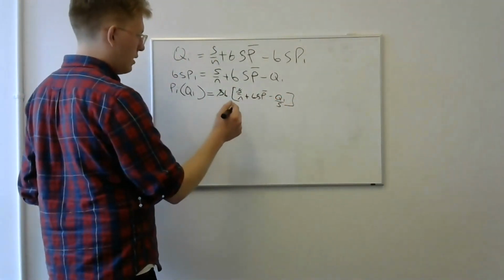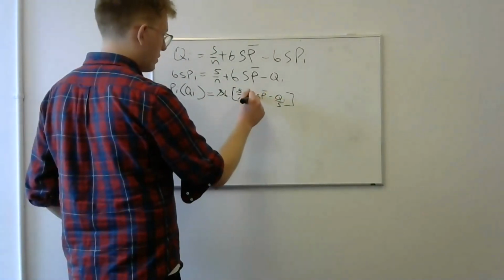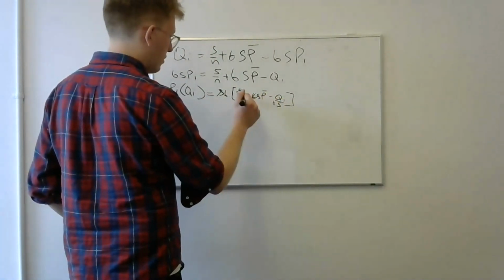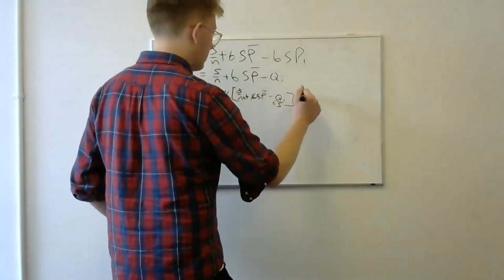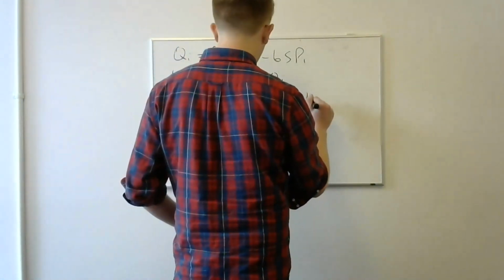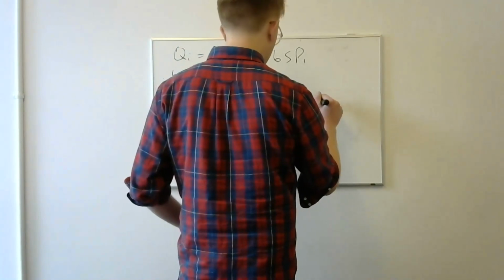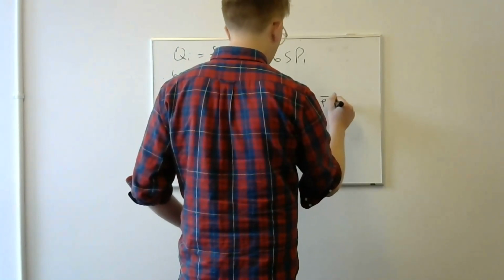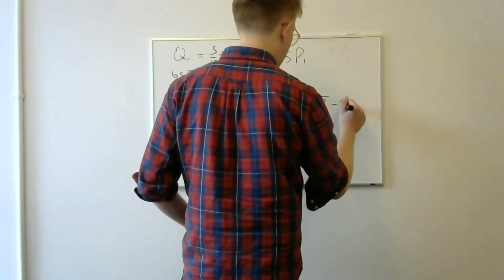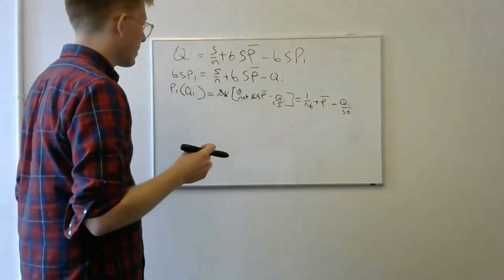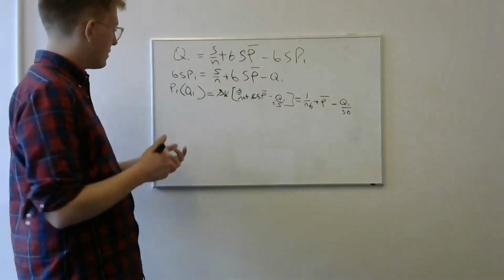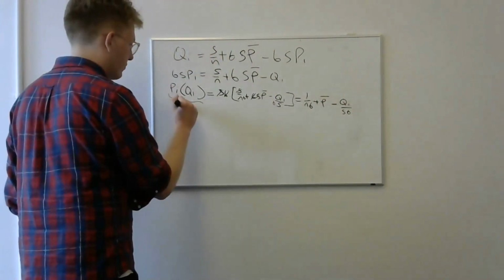And these B's will cancel here, but not here or here. So we'll be left with 1 over NB plus P bar minus Qi over SB. Okay, so that is now our inverse demand function.